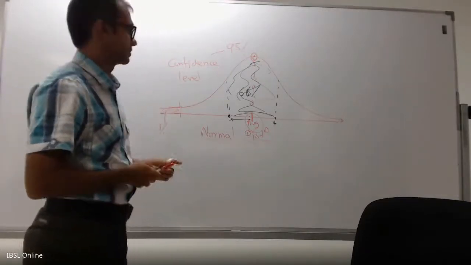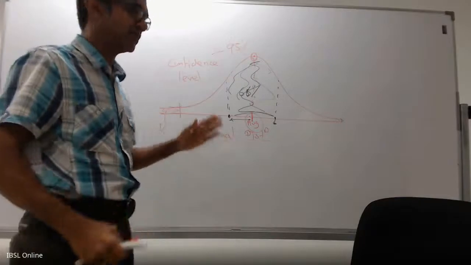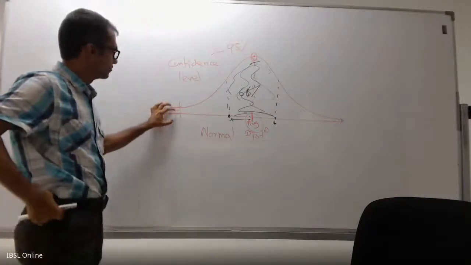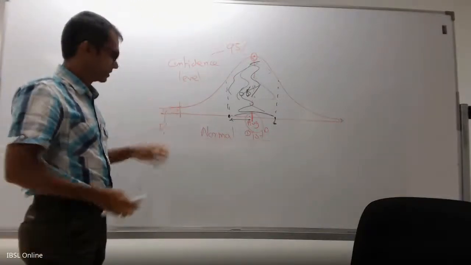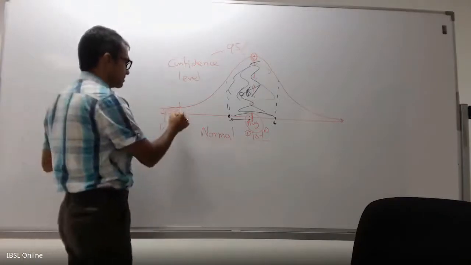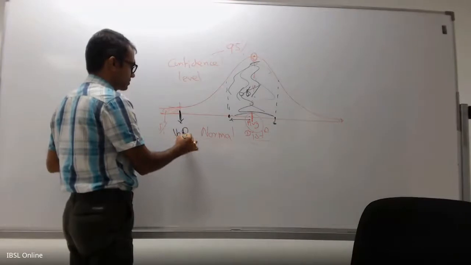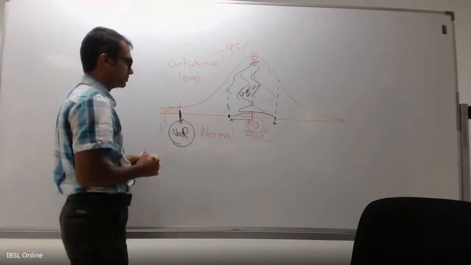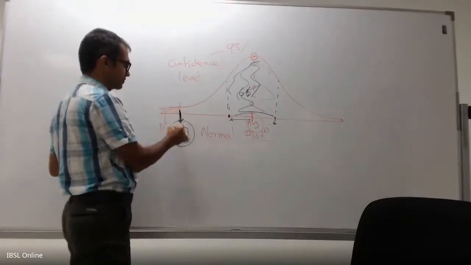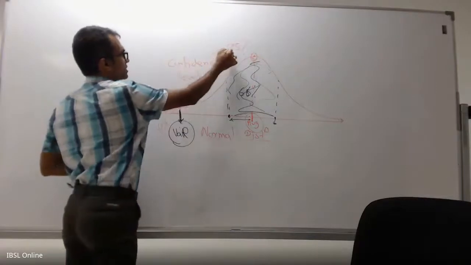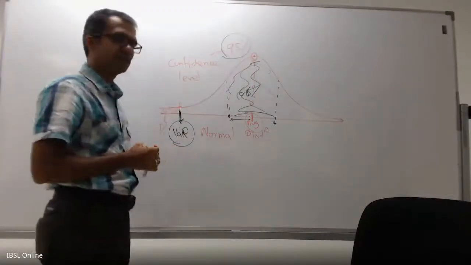Say out of 100 return figures, what are the lowest 5% figures? Whatever that is, we call the VAR. This is the value at risk figure at 95% confidence level.